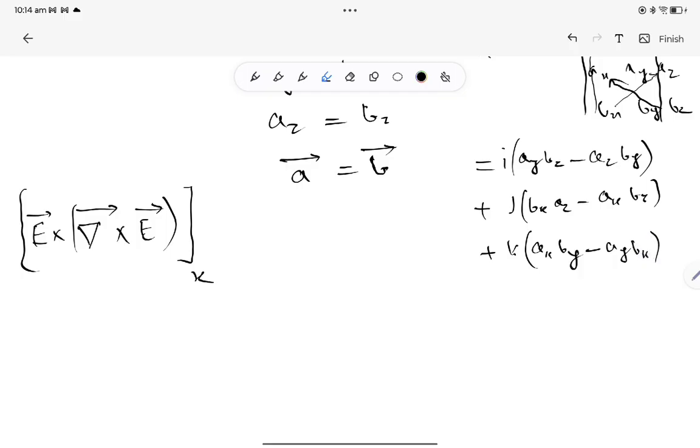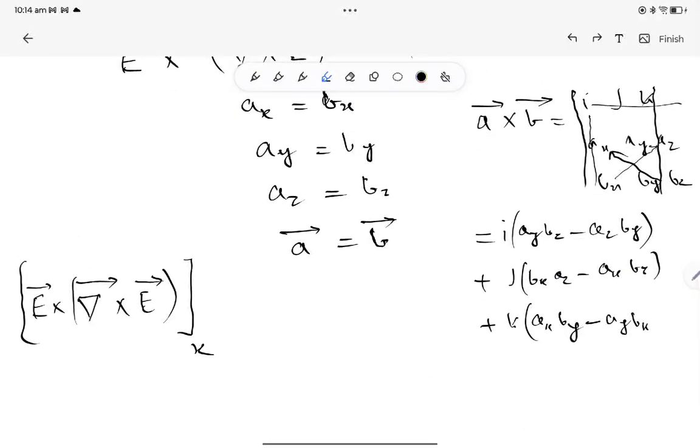We have to note a few things. Suppose you are looking for the x component of the cross product of these two vectors. Now the x component contains everything except x. There is no term here that has x: Ay, Bz, Az, By, no Ax, no Bx.